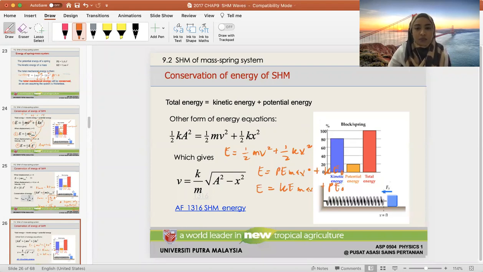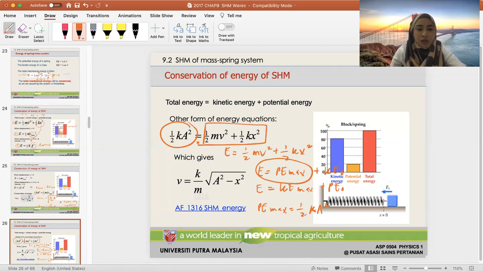So PE maximum, the equation for this is 1 over 2 KA squared. Because we know what the total energy is, if we know the amplitude, we equate this equation, 1 over 2 KA squared, with the total energy equation over here. So now you can find out the velocity at random points.